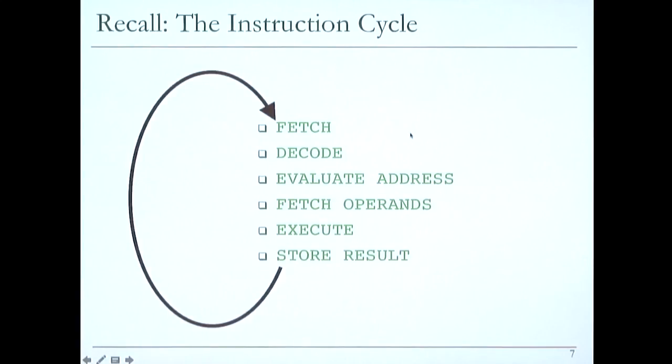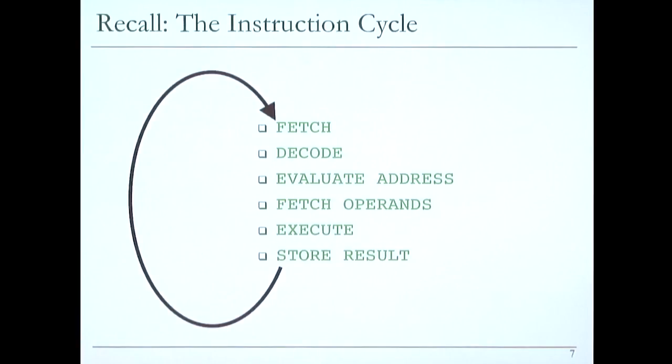The first 2 are common for all instructions, fetch and decode. Remember that in fetch, we read the instruction from memory and put it in the instruction register. In the decode phase, the finite state machine checks what's the opcode in order to identify the instruction and generate the necessary control signals.